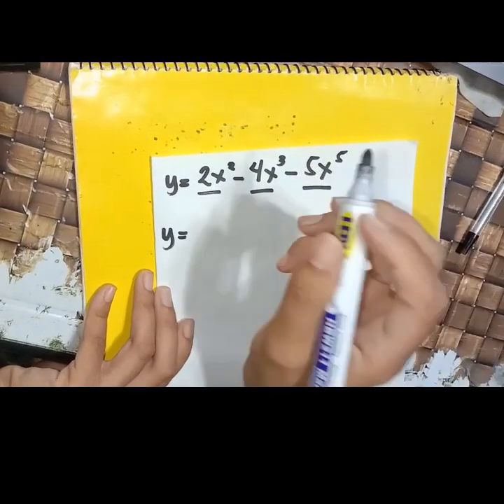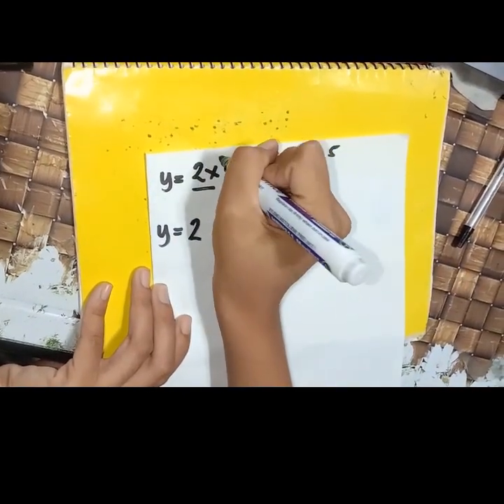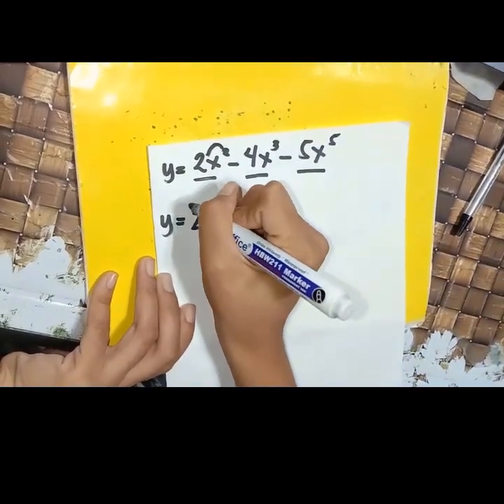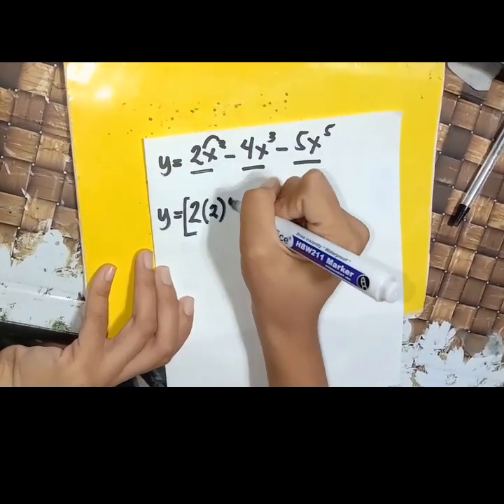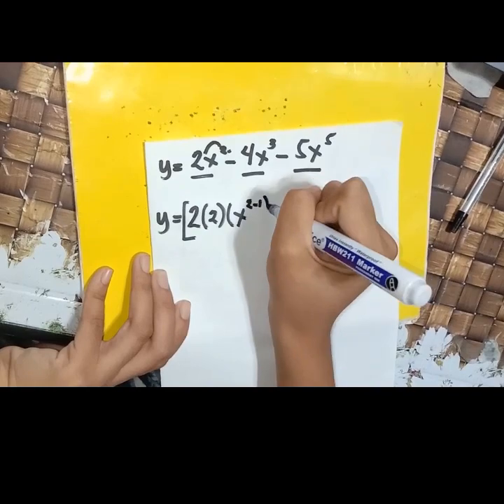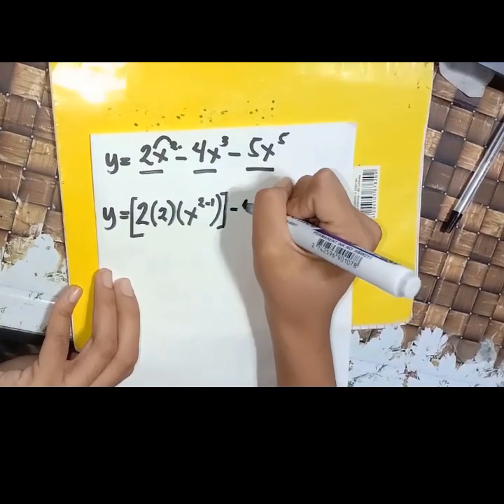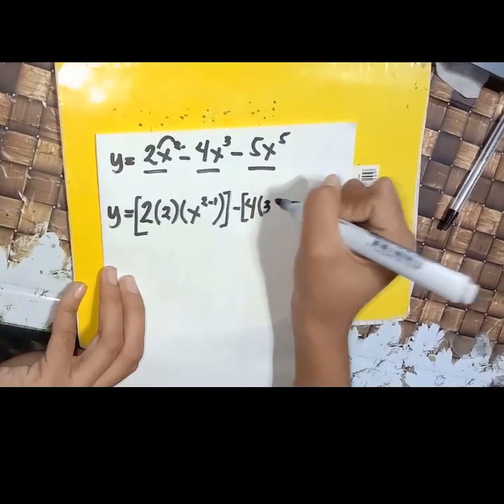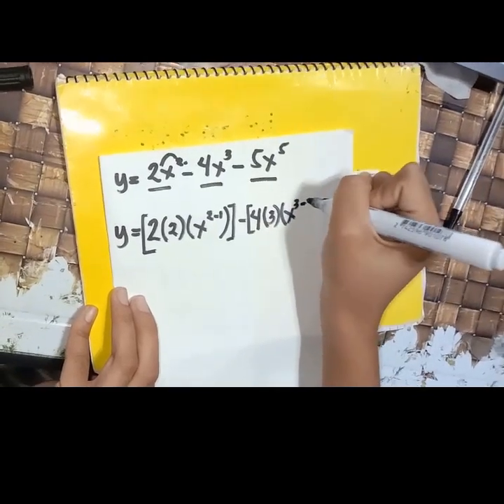Let us first focus on the first term. So let's move the exponent in front or beside the numerical coefficient and variable. So it will become 2 times 2 times x raised to 2 minus 1, minus 4 times 3 times x raised to 3 minus 1.